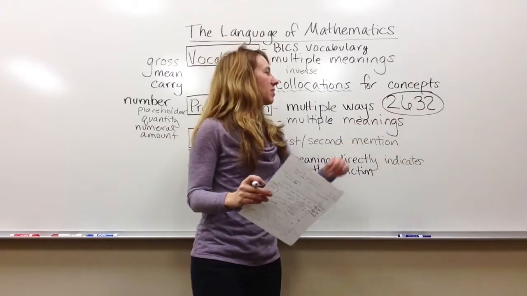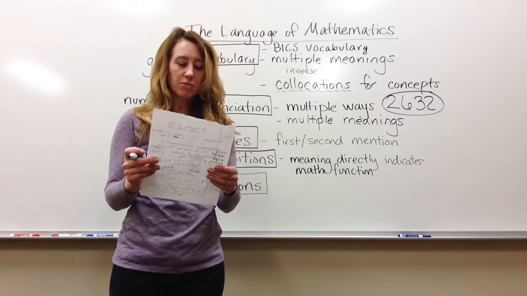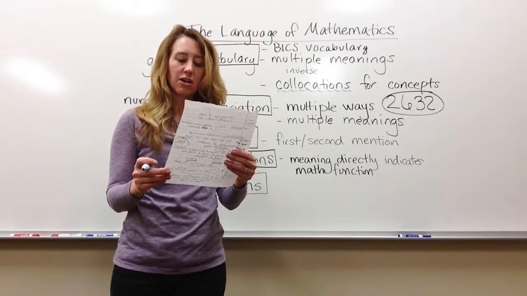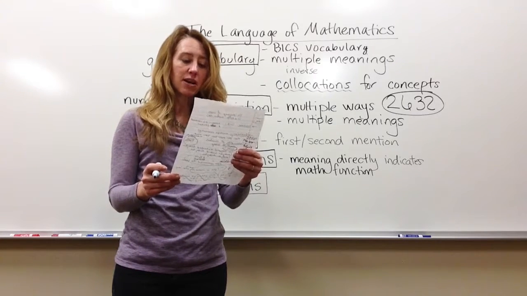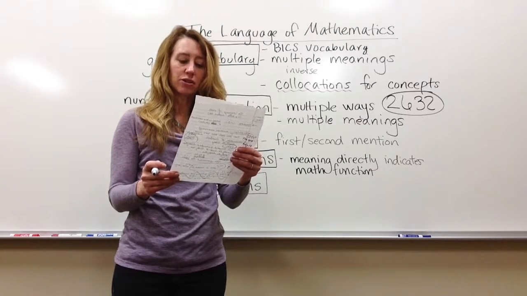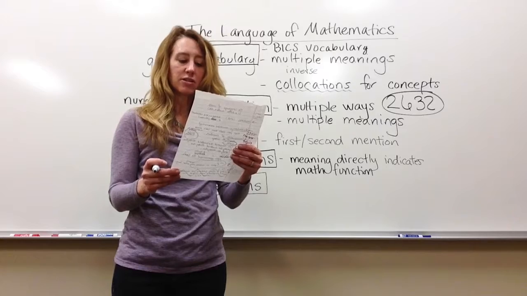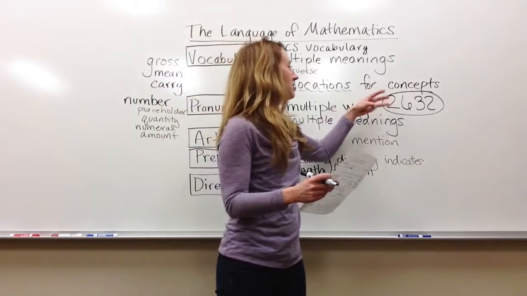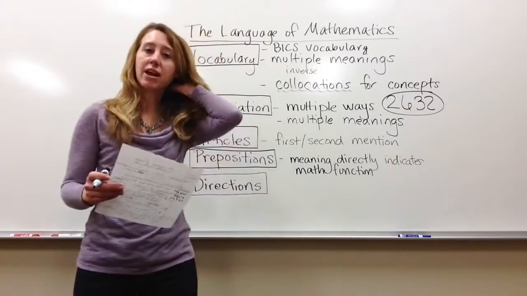Here's the number. Different people might pronounce that same number in different ways. They might say 2,632. They might say 2,632. They might say 2632. So there's 3 different ways that particular number might be pronounced.